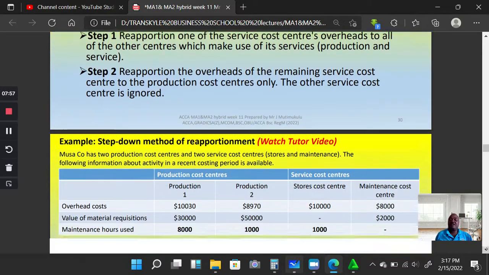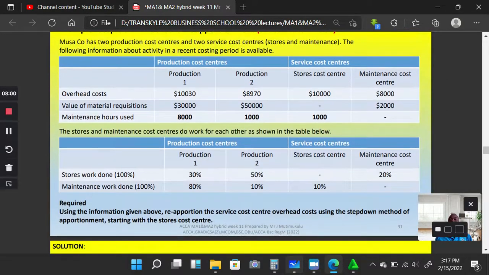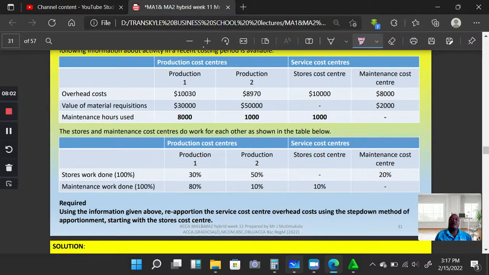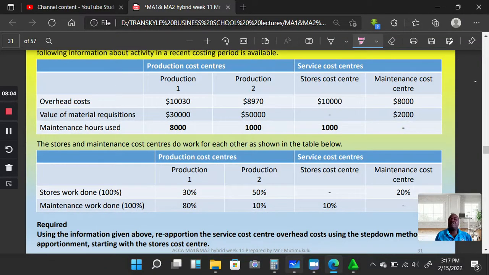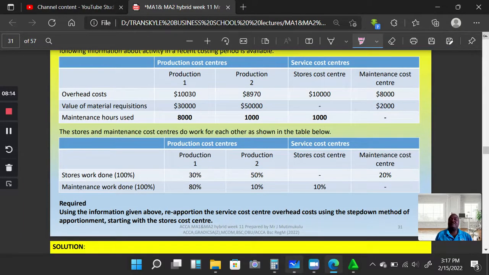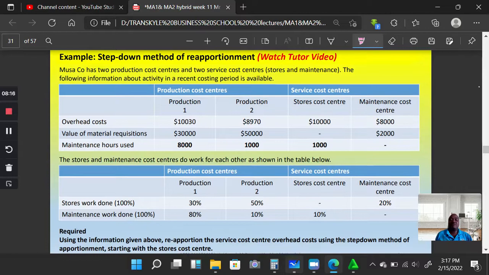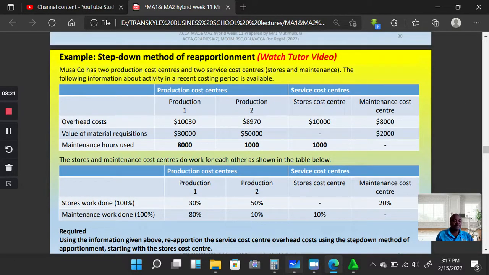All right, so let's go straight away into the example so that whatever we discuss is meaningful. Okay, I'm trying to ensure that my question is visible as much as possible. Musako has two production cost centers and two service cost centers.